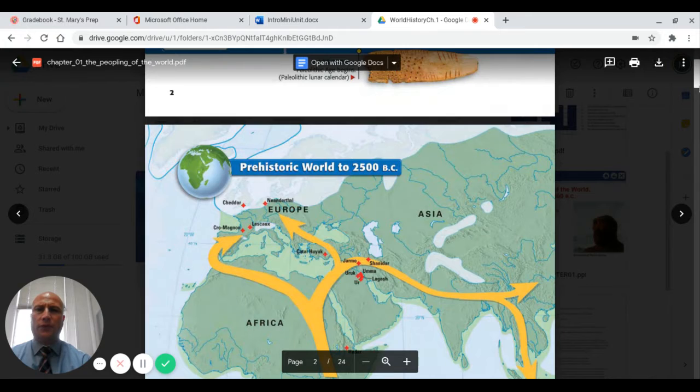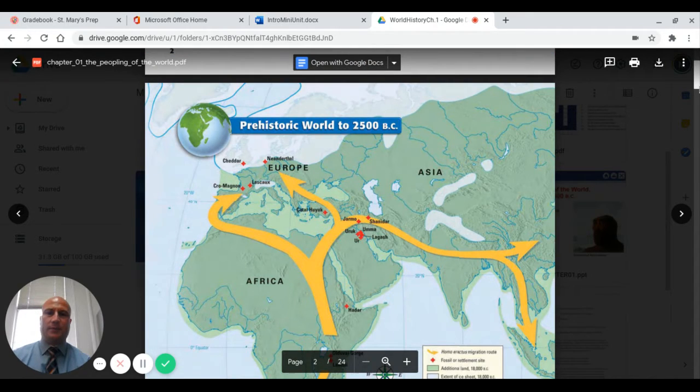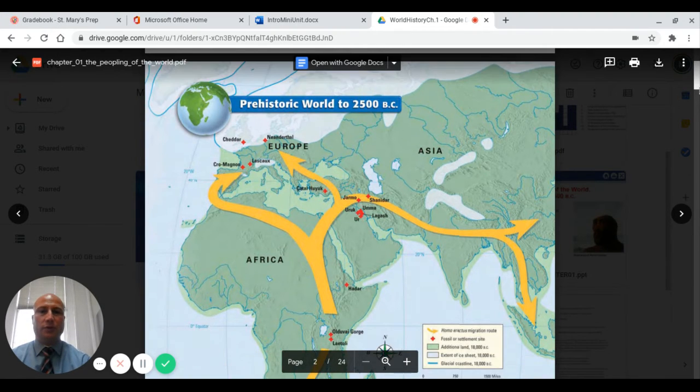Now, the fourth and final step in previewing the chapter is to always study the chapter opening map. This map gives us a little bit of understanding of geographic reference and place in which we are learning. Now, this chapter is about human origins.